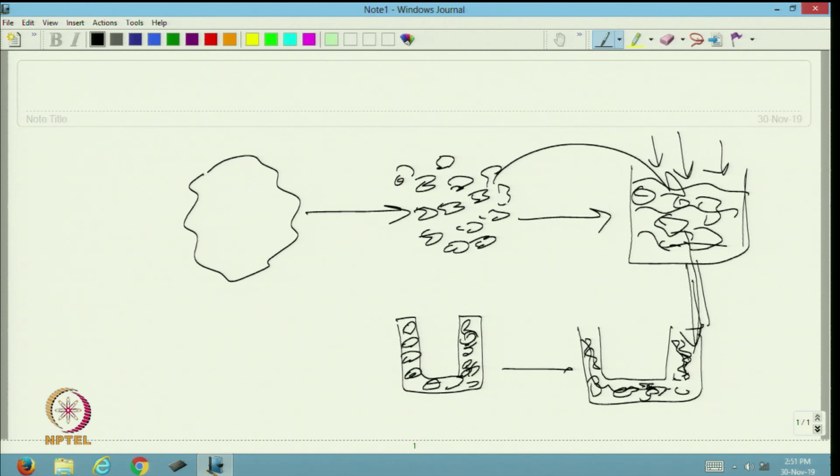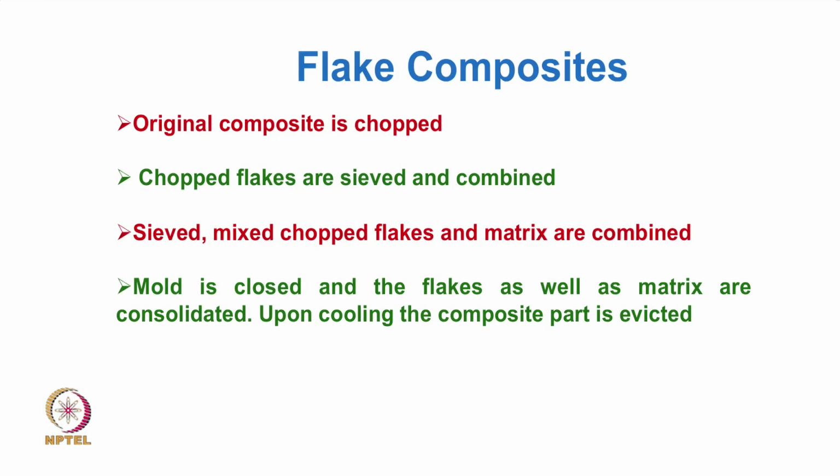So, in this way first you have to crush it, break it to smaller flakes, then we mix with the matrix material and then we use the mold. In this way we use the flake as reinforcement in the composite.